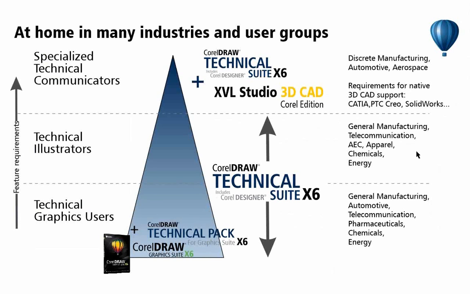Then we want to highlight a specific segment, which is really a set of special requirements that users in discrete manufacturing industries have. In addition to what a technical illustrator in any of these industries will need, in discrete manufacturing you have a requirement for repurposing 3D files that come from the design department for creating the production-ready design.